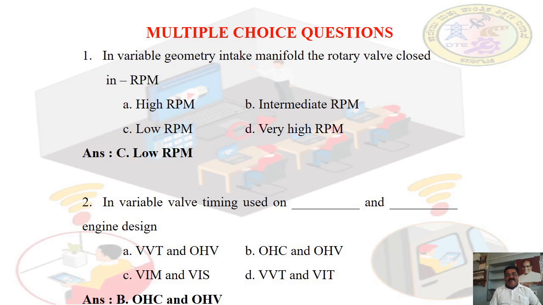Option C, VIM and VIS, variable intake manifold, variable intake system. Option D, VVT and VIT, variable valve timing and variable intake technology. The answer is option B, OHC and OHV. OHC stands for overhead camshaft arrangement and OHV for overhead valve mechanism.